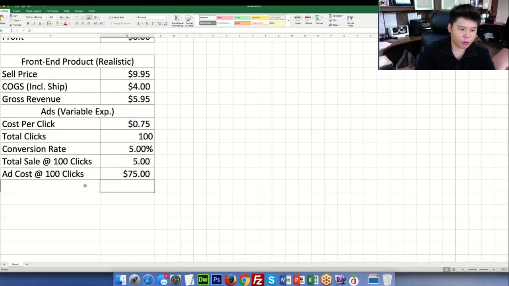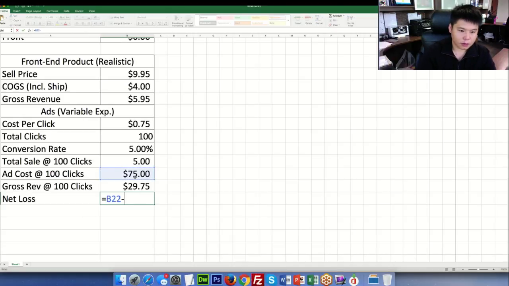Then your gross revenue at 100 clicks will equal this multiplied by this, equals 29.75, and that will basically give you a net loss of this minus this.